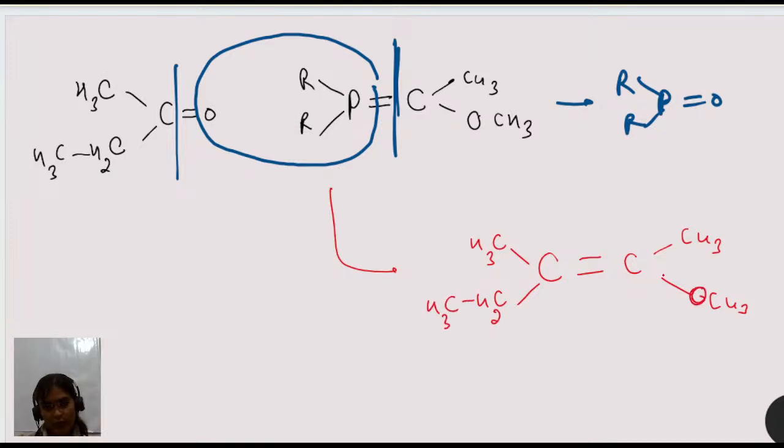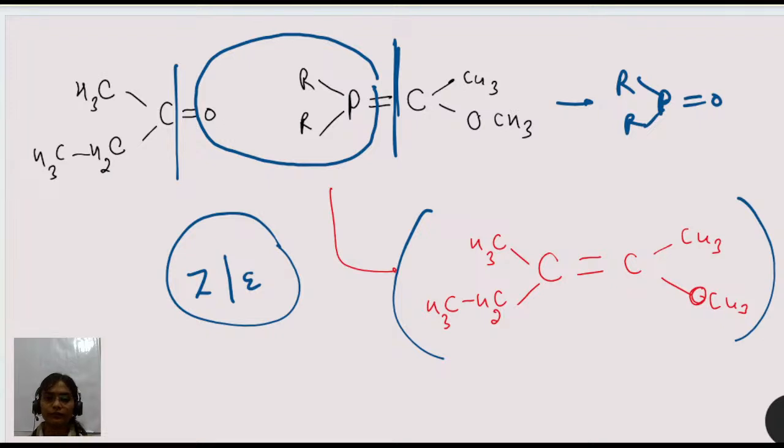Yes, please. This given thing, is it Z or is it E? What is the meaning of this Z or E? Is it going to be Z or is it going to be E?